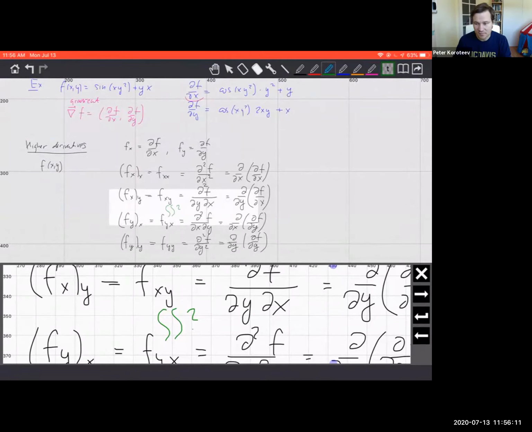Sometimes the answer is the same, sometimes the answer is different. So let's look at an example where they're the same, and an example where they're different.